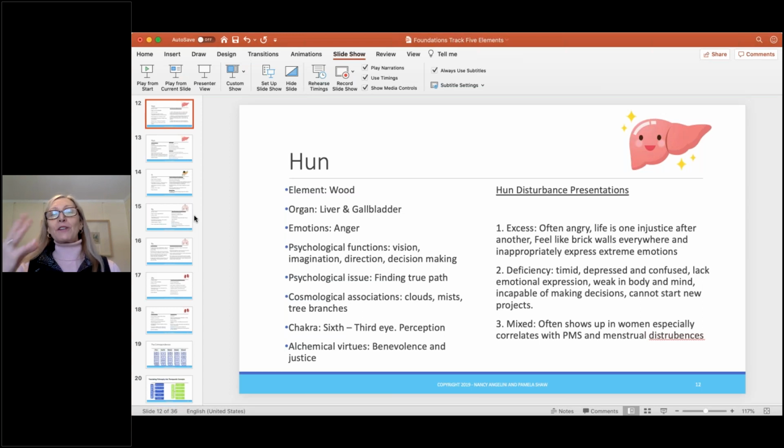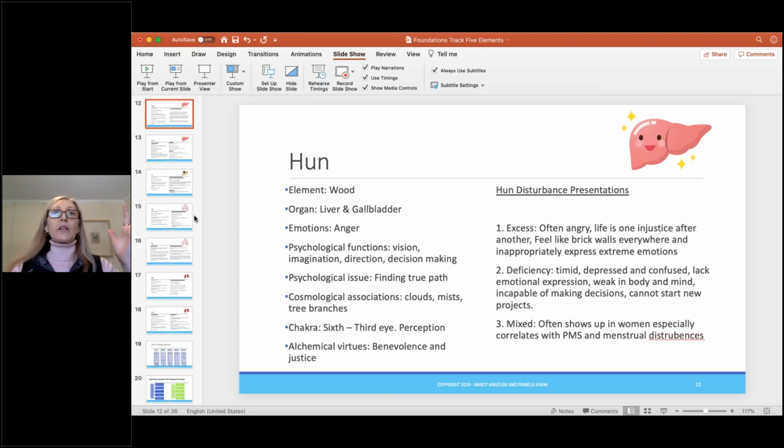But when there's a deficiency in the Hun, they're unable to do that, right? They can't start new projects. They might think about it, but they just can't get that. There's a disturbance. They're unable to mount the energy to do that.